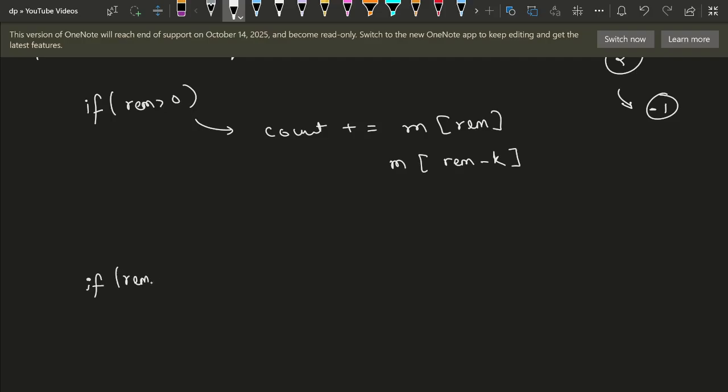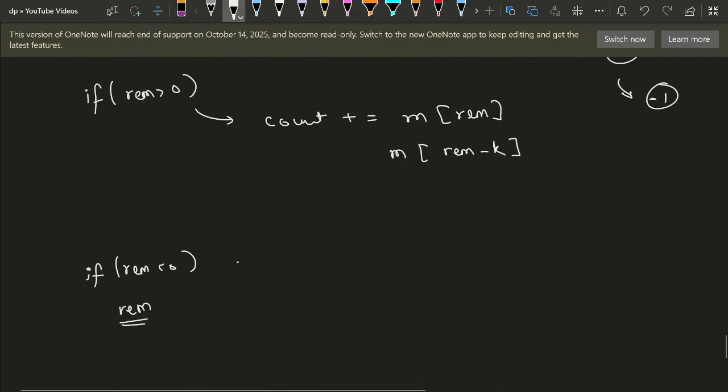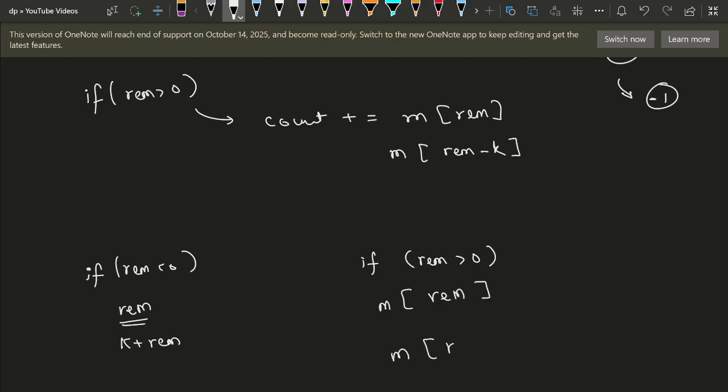If rem is negative, count m of rem and m of k plus rem. If your rem is greater than 0, then you add m of rem and m of rem minus k. I don't know, can we do this?